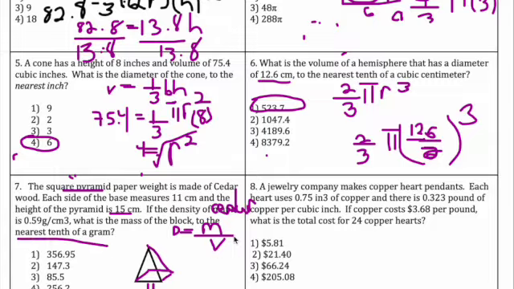Now we want to multiply the density by the volume to get the mass, right? In order to do that, we need to have the volume. So we have a formula of 1/3 base times height, which equals 1/3 11 squared times 15.